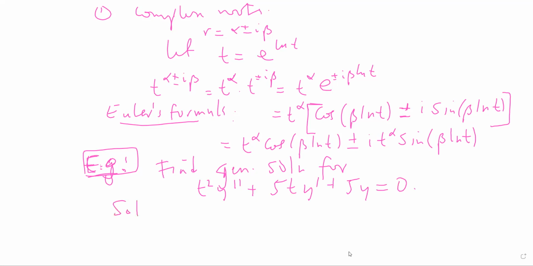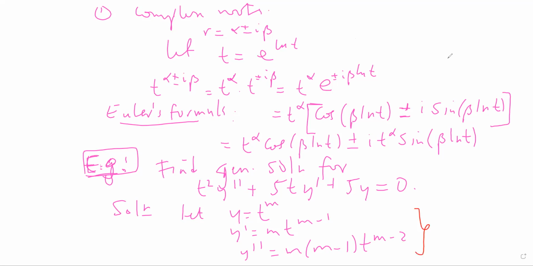Then your solution is that you let y equal to x^m, as we know how we usually write it. Then y prime is equal to m x^(m−1), and y prime prime is m(m − 1) x^(m−2).